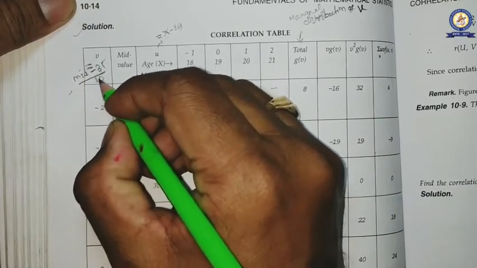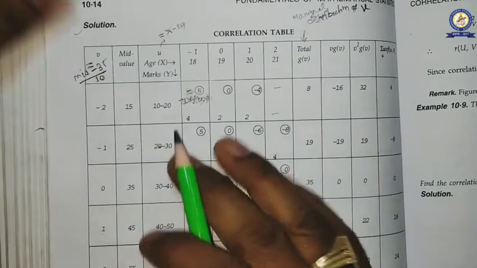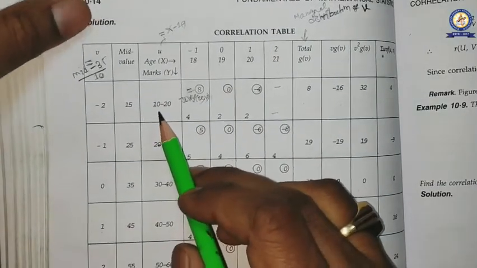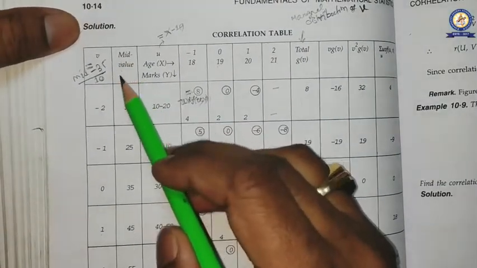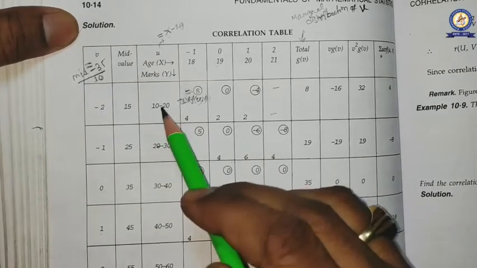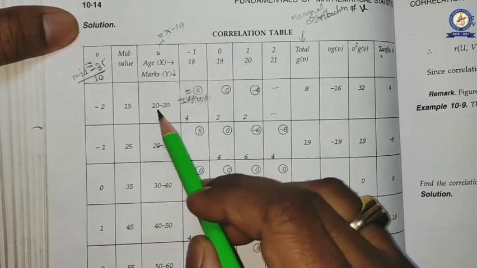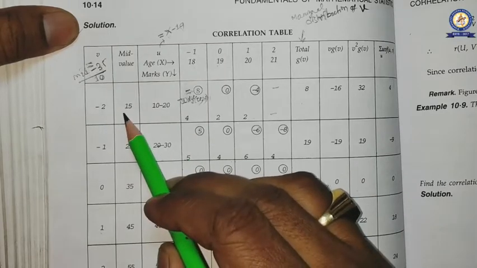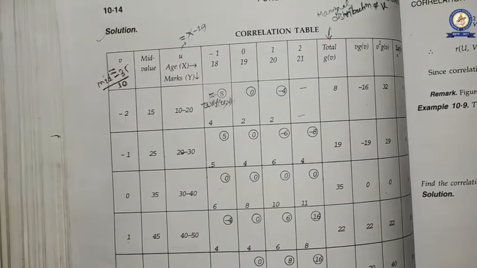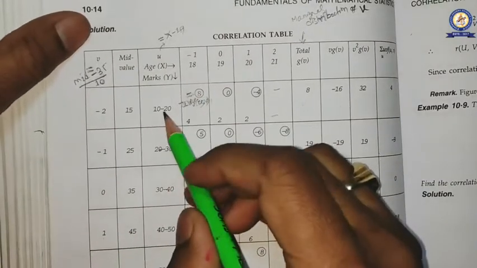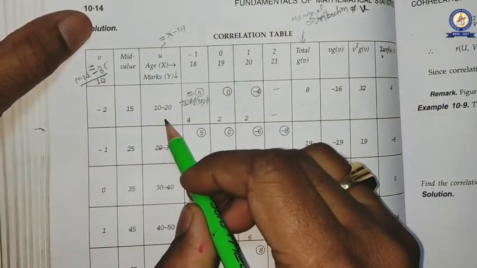Okay, so first of all we have to find out the mid value of each class. So this is one class, 10 to 20. The mid value of this class will be 15, right? Here the mid value is nothing but lower plus higher by 2. So here 15 will be the mid value.